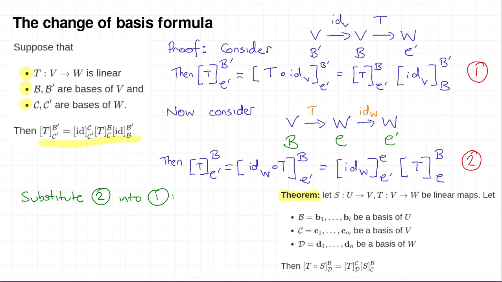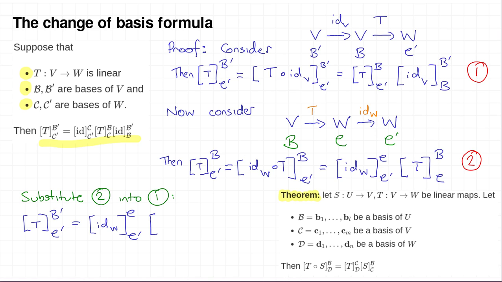When I do this, on the left of 1, I've got the matrix of T with respect to initial basis B prime and final basis C prime. I'm substituting for the thing that comes next in equation 1. So I'll substitute the right-hand side of equation 2. I have the identity on W, that matrix of that with respect to initial basis C, final basis C prime.